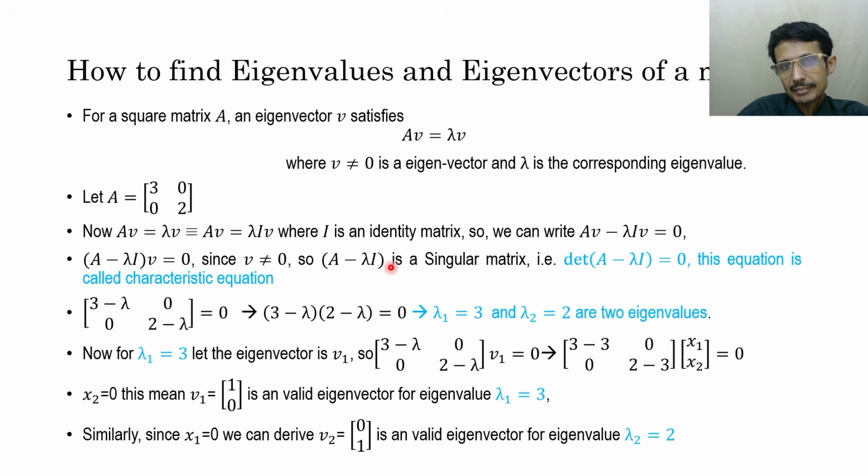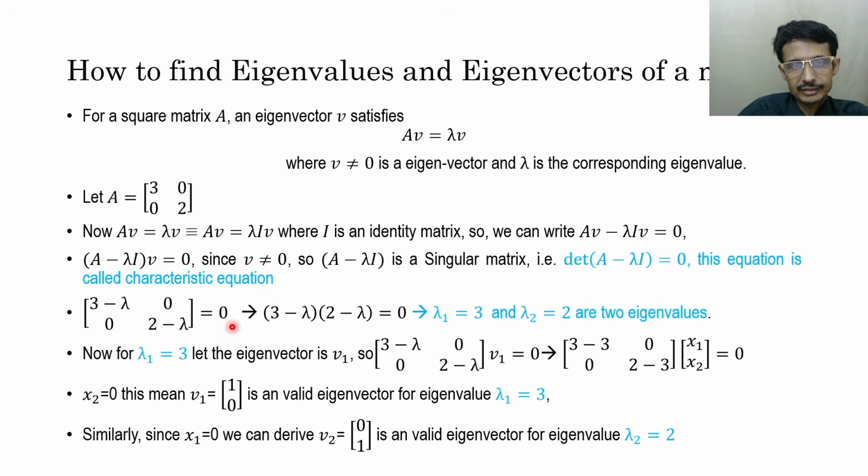So A minus lambda I is a singular matrix because V is not equal to 0. So the determinant of this is 0. This equation is very important, and it is called the characteristic equation of the matrix A.